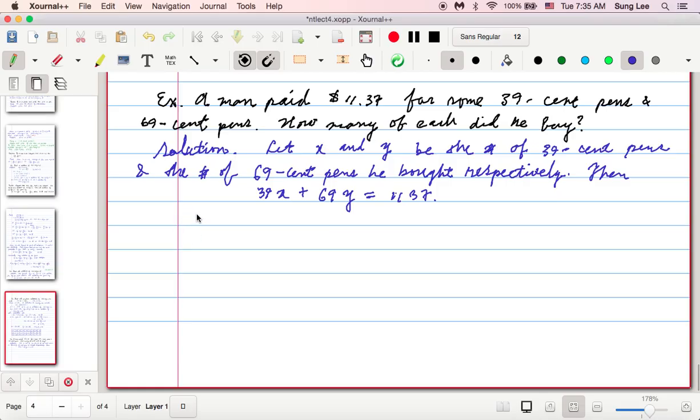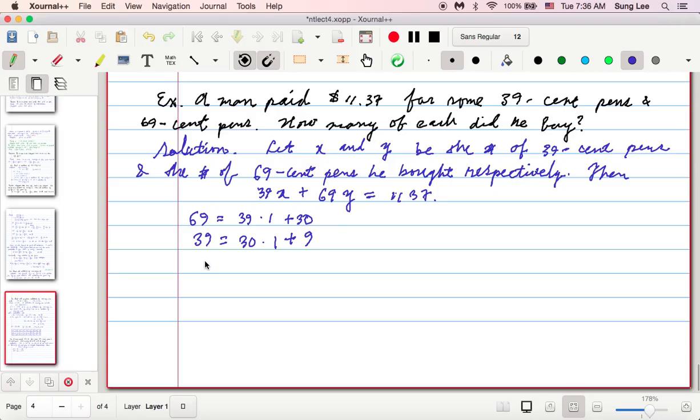If we divide 69 by 39, that's 39 times 1 plus 30. I'm trying to find the greatest common divisor of 39 and 69. Now if you divide 39 by 30, that's 30 times 1 plus 9.